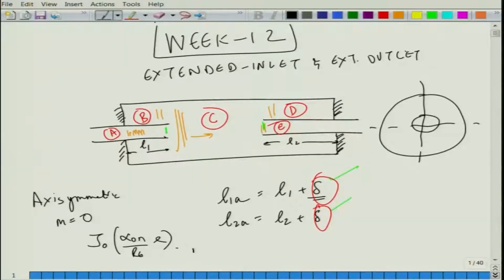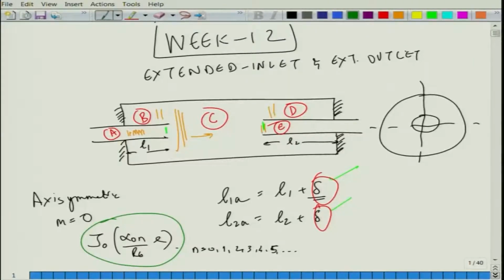So, n can be 0, in which case it is a plane wave, 2, 3, 4, 5 and so on. So, the cos m theta, sin m theta azimuthal or circumferential modes will not be there, because such modes are not excited. So, we will get this sort of a thing.